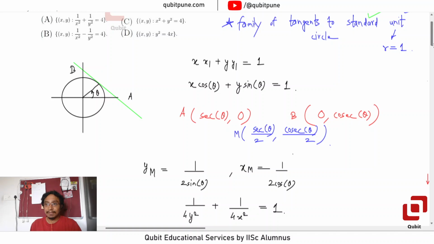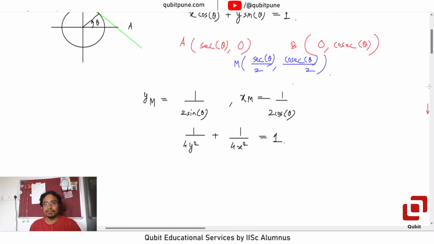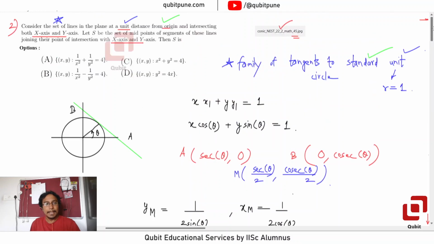Yes, so we were missing that 4 because we had not considered that M was the midpoint. So 1 upon x squared plus 1 upon y squared equals 4. Do we have that option? The option is A. Is it clear?